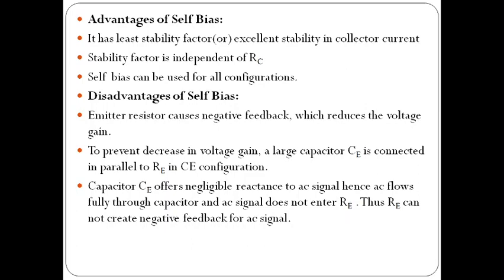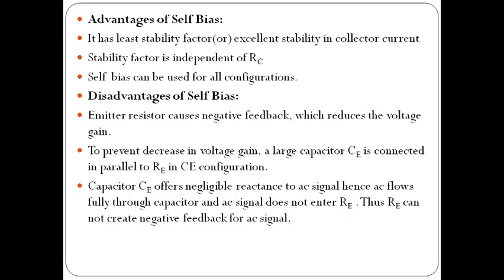AC signal does not flow through the RE resistor, so the emitter resistor is not giving a path to the AC signal. By using this large capacitor parallel to RE, we can increase the voltage gain. Why? Because the AC signal is not passing through the RE resistor, it is passing through the capacitor CE. Thus RE cannot create negative feedback for the AC signal.